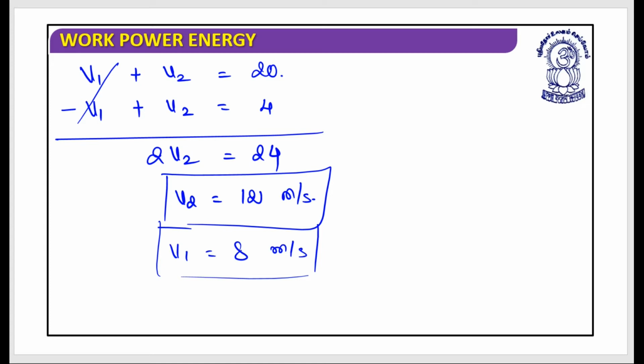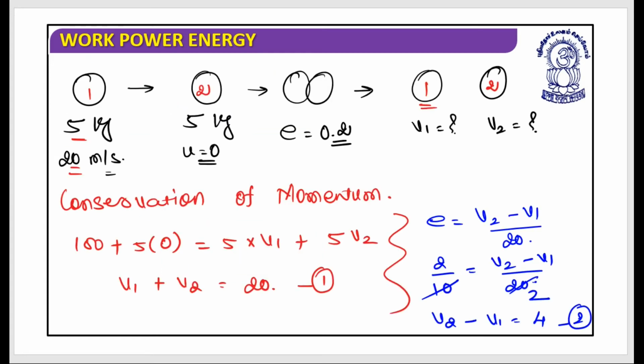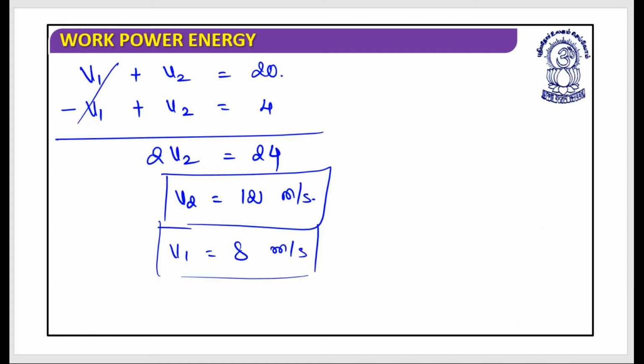I don't think any formula is required if you know these two basics: first, conservation of momentum; second, the value of e, written correctly. If we understood this in a very good manner, we don't require any formula at all. I hope this is clear.